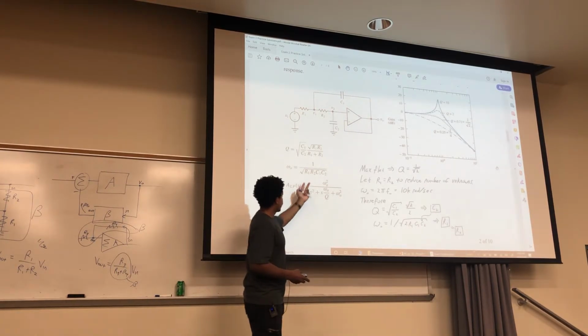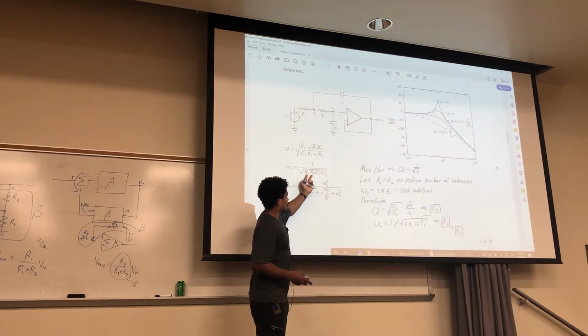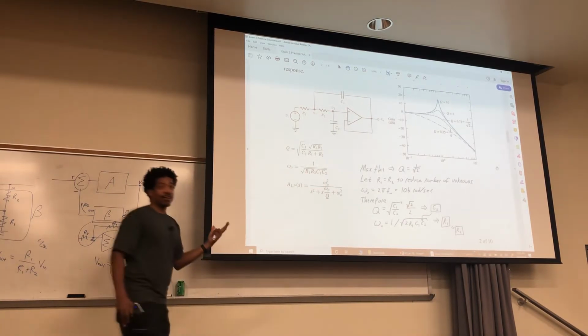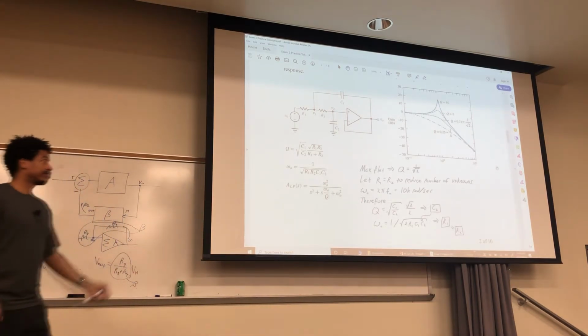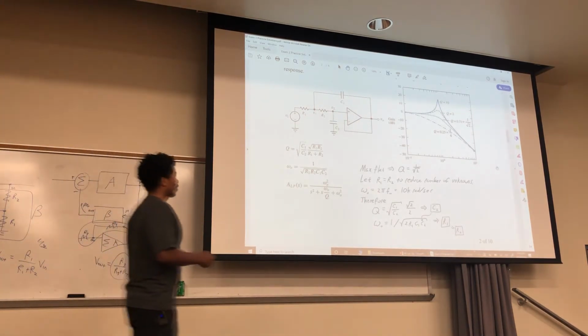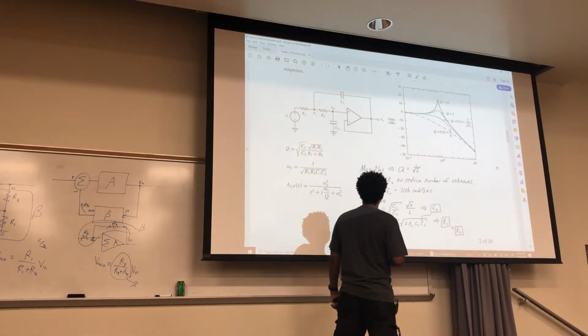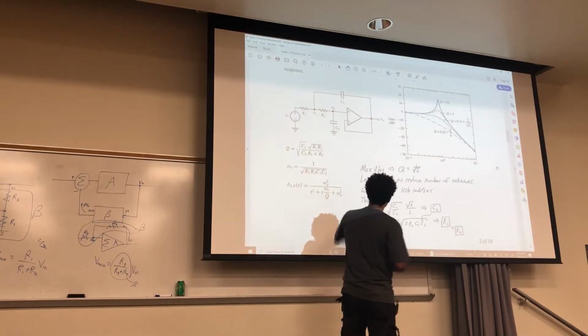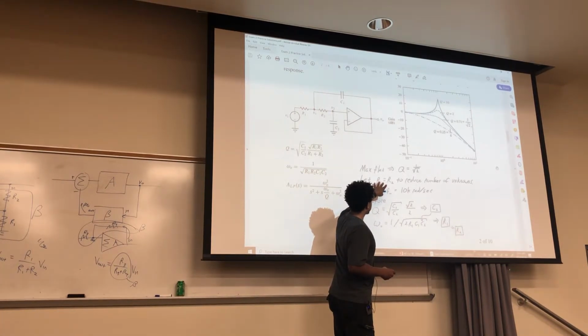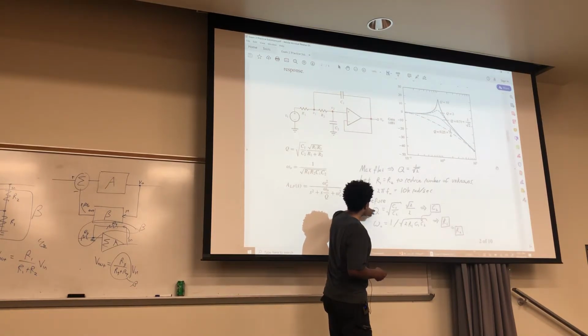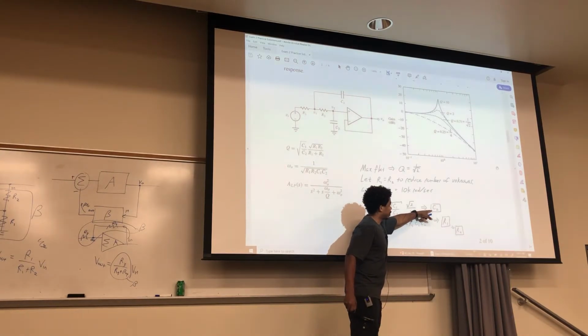There's nothing wrong with doing that. You can let R1 equal R2. If you wanted to, you could have said R1 equals 3 R2. It's fine as long as you state it somewhere. I mean, it's your circuit. But whatever those things are, in order to meet these other constraints of omega and Q being 1 over square root of 2, your C2 is going to change because of that.